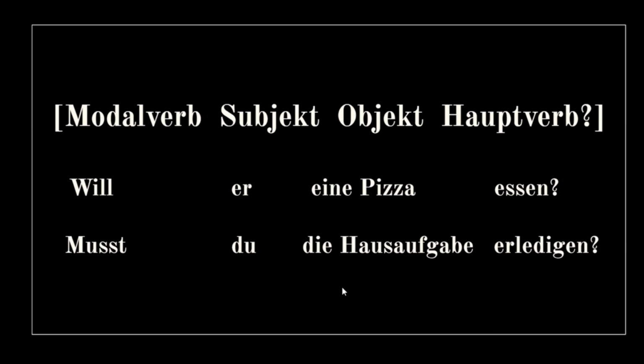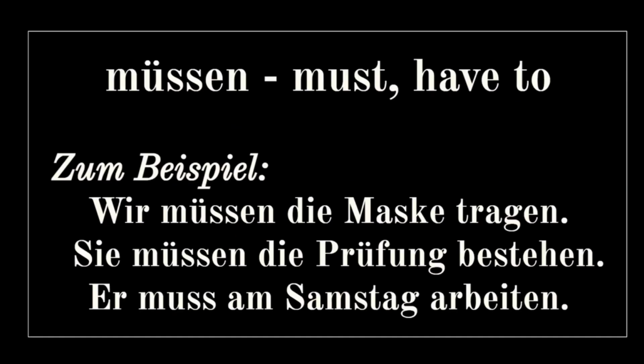So that's about the structure of a question and a reply statement, which includes a modal verb along with the main verb. Now let us try to dig in a little deeper into each of the modal verbs and try to understand the situations or the context in which we use the modal verbs. First off, müssen. So müssen is a little stronger, so we need to be a little careful before using it.